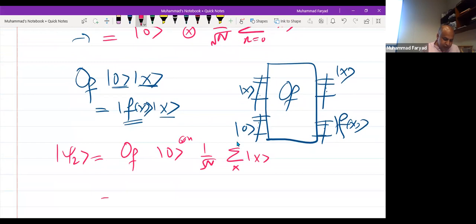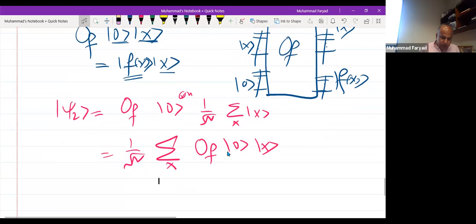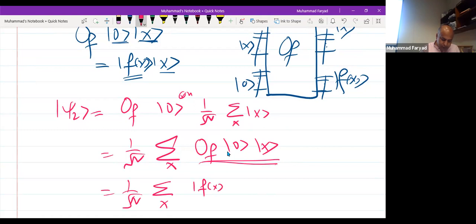I can also write it like this: 1 over square root of 2 to the n, and the oracle applied to 0, sum over x. And now when this oracle is applied here, this becomes f of x.